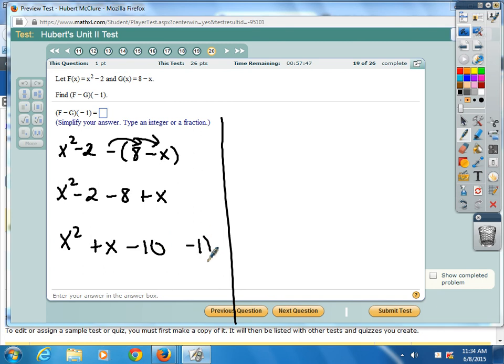Negative 1. And that will give you the answer. So negative 1 squared plus negative 1 minus 10. Negative 1 squared is what? 1. 1 minus 1 minus 10 is negative 10. Let's see what we get over here.